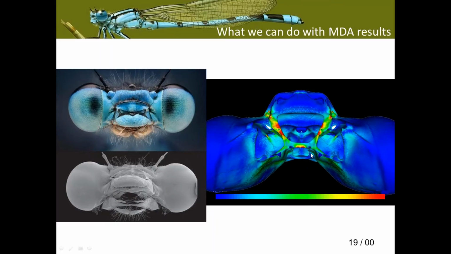There we will simulate the forces as boundary conditions and see how the head is loaded during biting action. This will give us information about the importance of certain structures within the insect head capsule, not only from an evolutionary point of view, but also from a construction point of view.